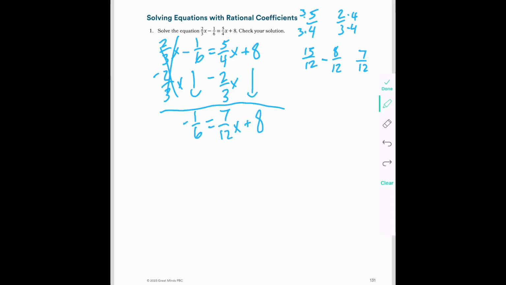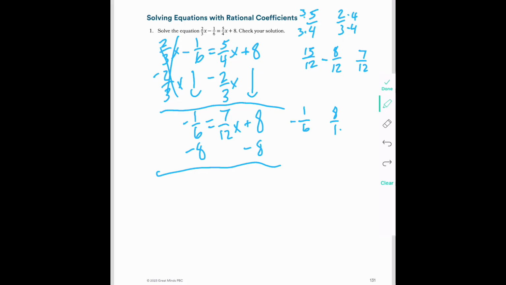All right, so now I can really start getting rid of everything. So I would get rid of the plus 8 first by doing the minus 8, right? But once again, now I have to find a common denominator, right? So that's 1/6 and then 8 over 1 in order to subtract these, right? Oh yeah, don't forget this is negative.